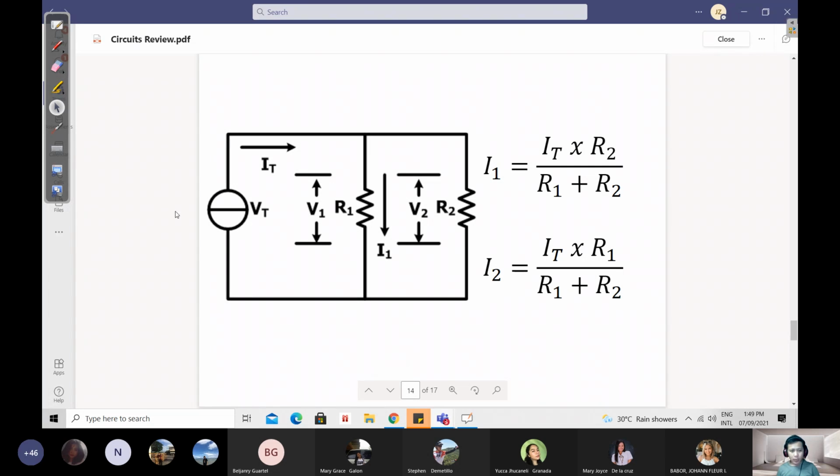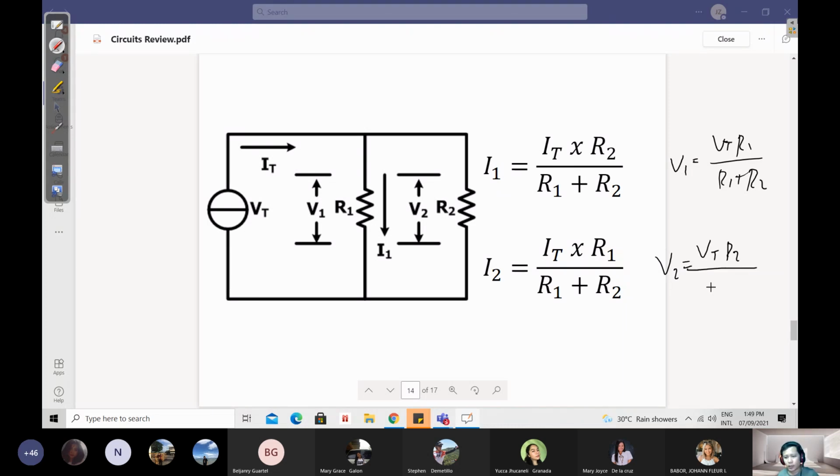Okay? Now, if you can recall, the shortcut formula in VDT: V1 equals V total times R1 over R1 plus R2. Okay? V2 is V total times R2 over R1 plus R2.